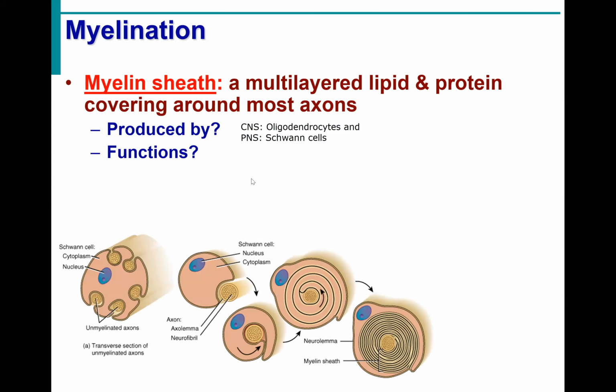As I said, they provide that insulation, they provide that protection, but the big, huge key to them is that they speed up the action potential. And so that is huge. Like I said, it can be as much as 5 to 6 times as fast.